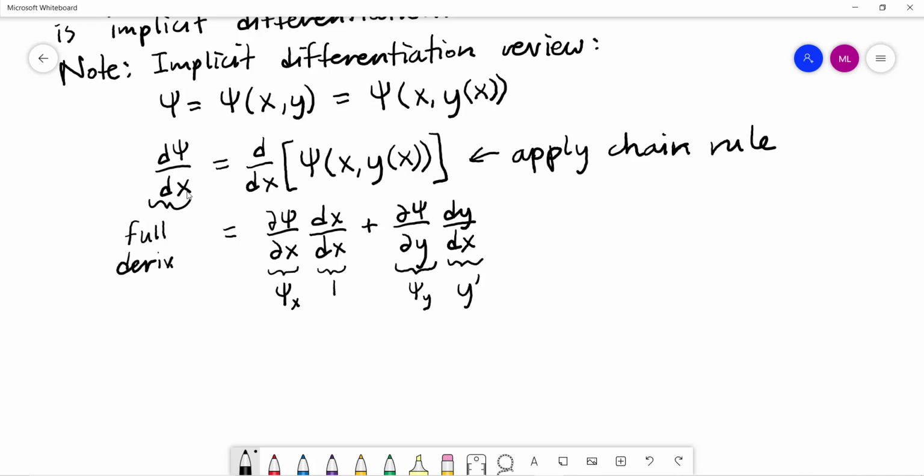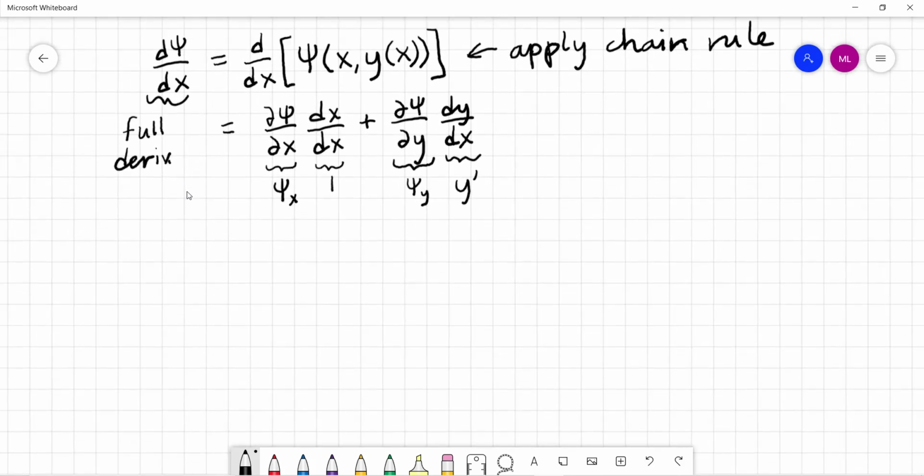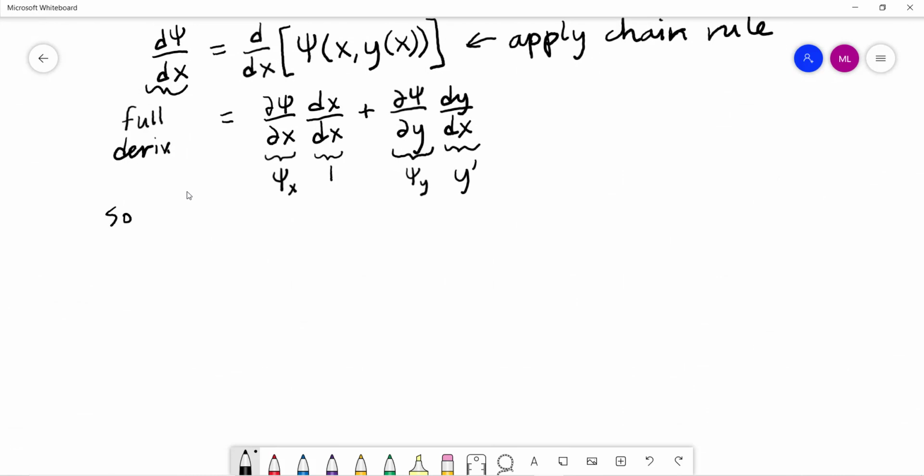Okay, whew. So this is the idea. Applying this to that example, and again, all you need to know for this class is to get comfortable computing this type of derivative.